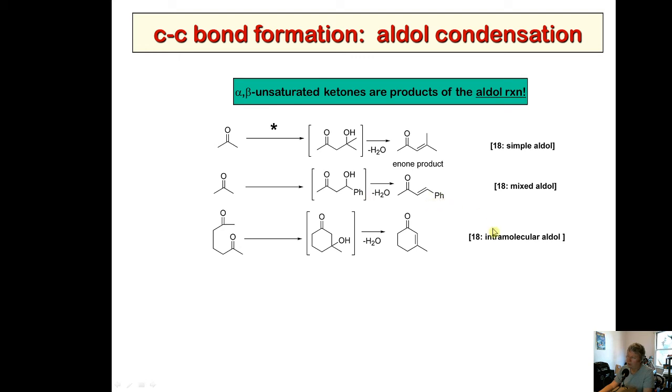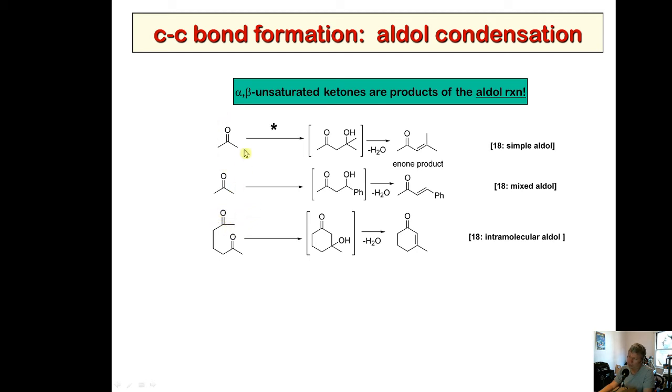All right, and then we also have the intramolecular aldol, which is the one that cyclizes like this. It's the same exact mechanism. So a base takes the proton, makes an enolate, right?